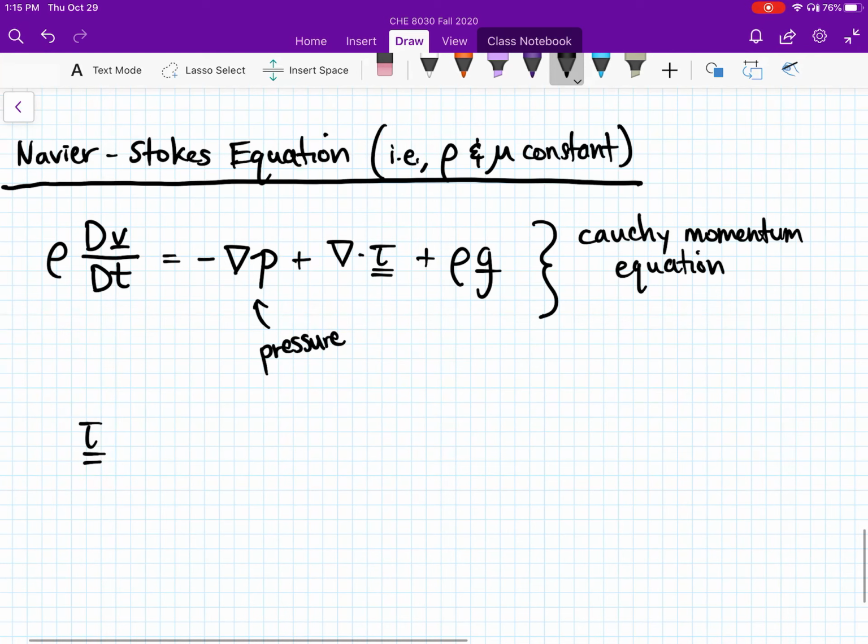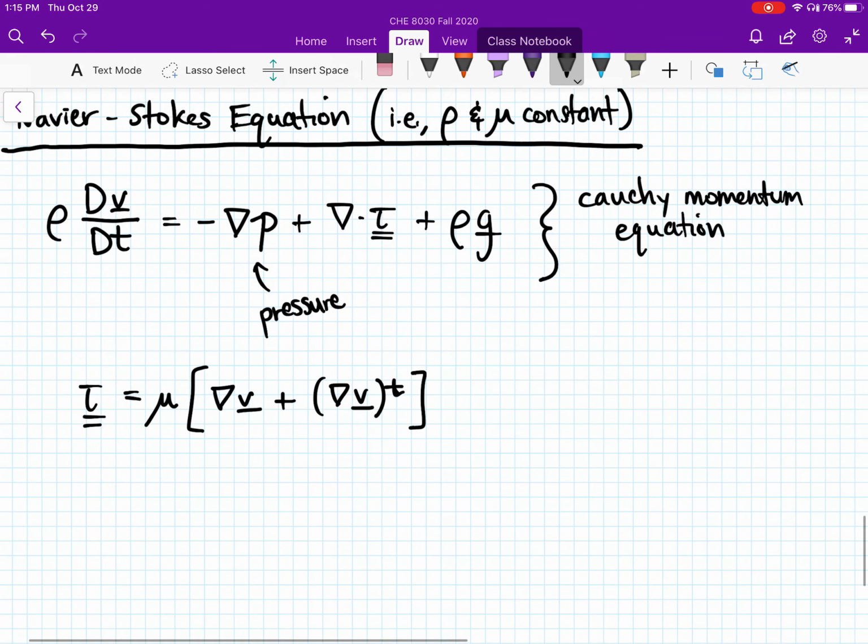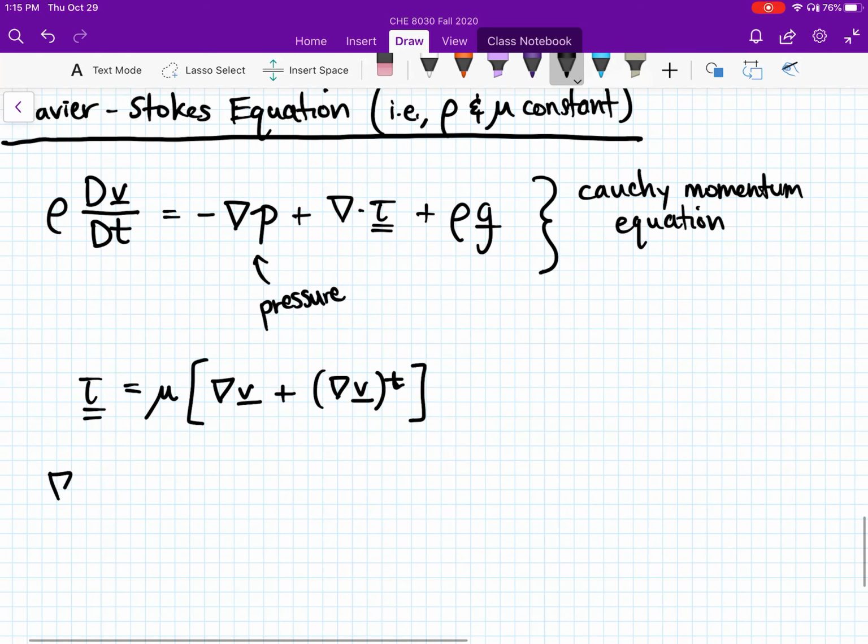Well, we have our expression for shear stress. We need to take the divergence of that shear stress.